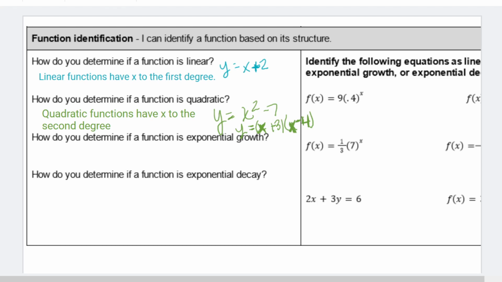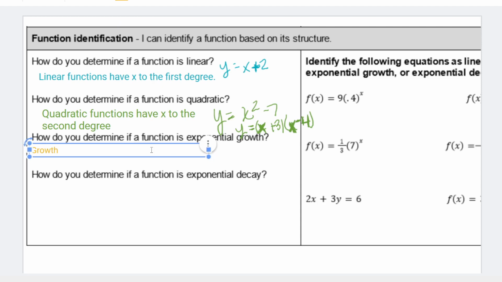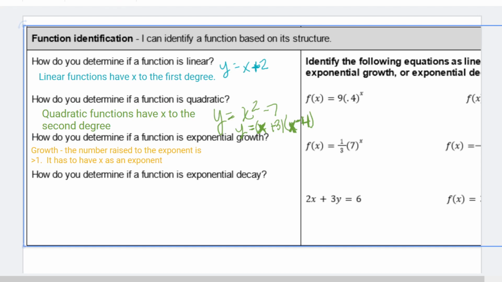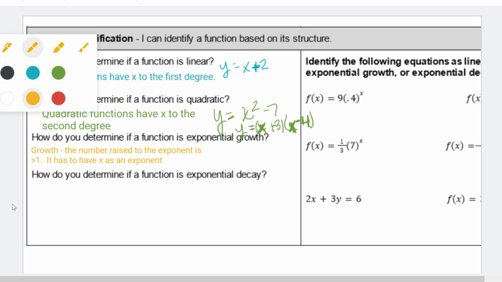If something is exponential growth, there's two pieces you have to look at. The growth piece is that the number raised to the exponent is greater than 1. The other thing is it has to be exponential. It has to have x as an exponent. So some examples of growth.